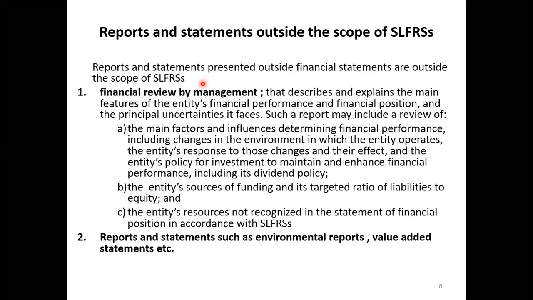Such a report may include a review of the main factors and influences determining the financial performance. So what are the variables, what are the environmental factors impacting its profitability, financial performance, and organization, including changes in the environment in which the entity operates.